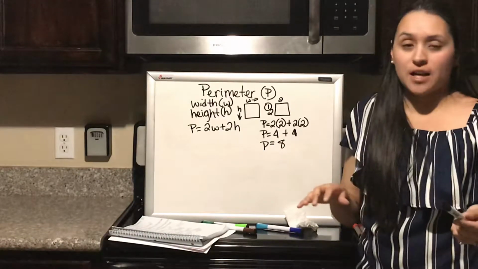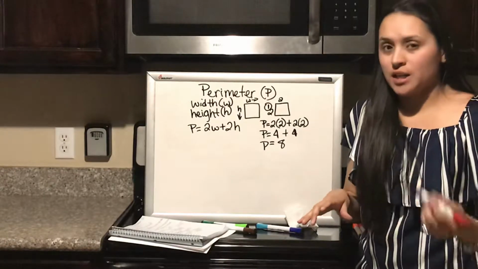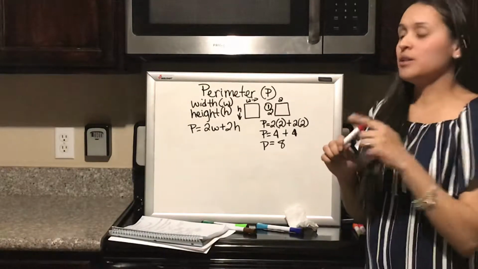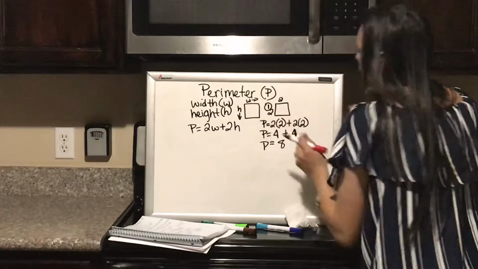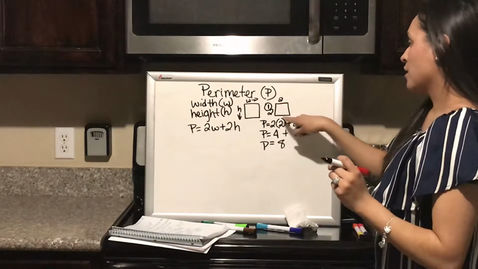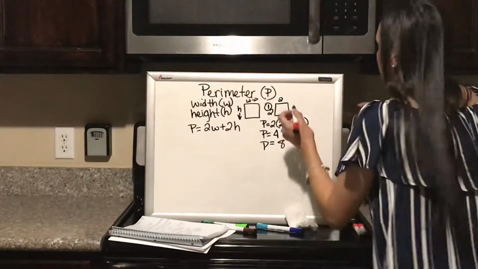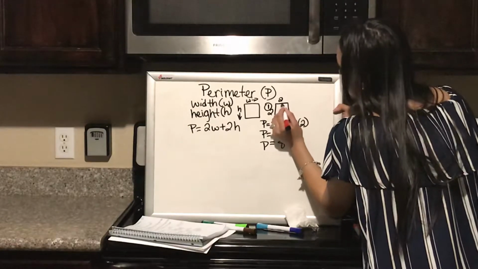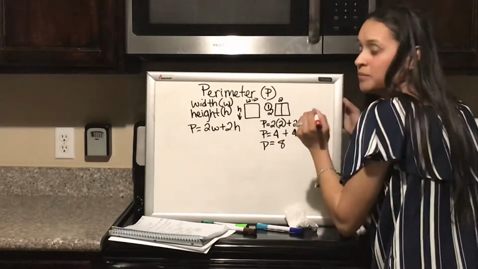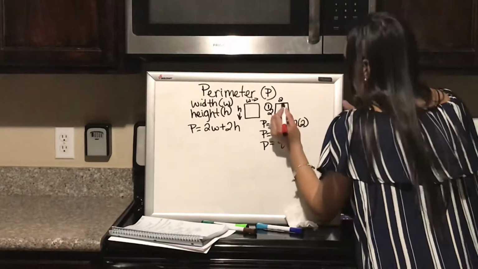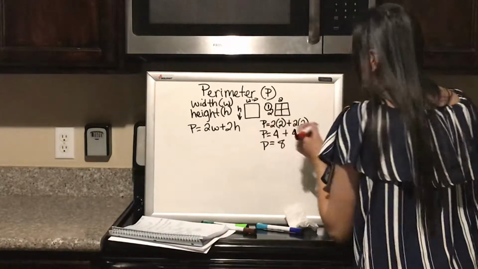Now we can also check this by drawing a grid and counting units. However, this time we'll be counting the sides. So our square is 2 units wide and 2 units tall.